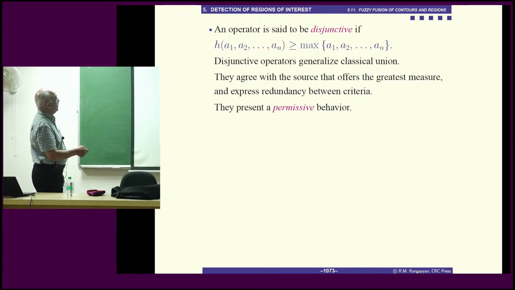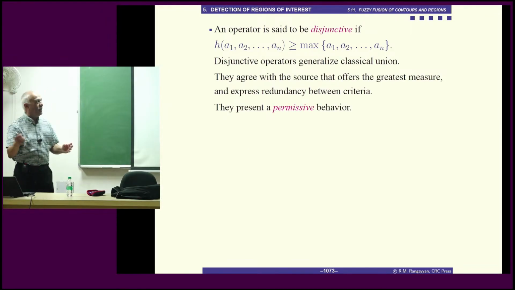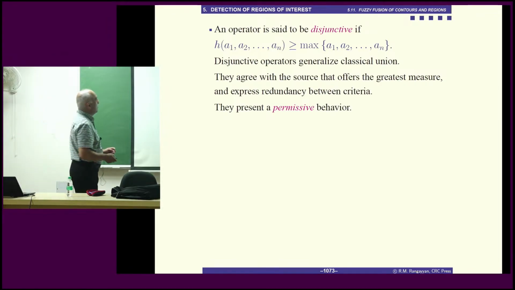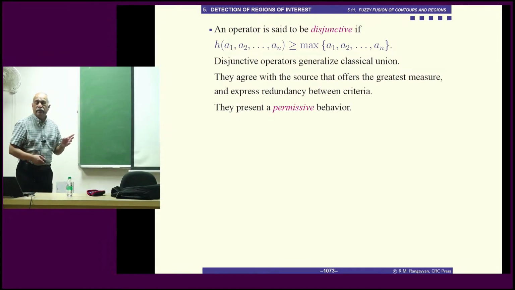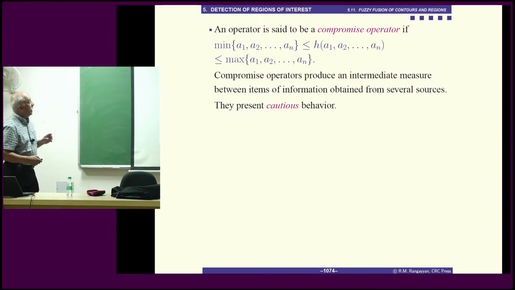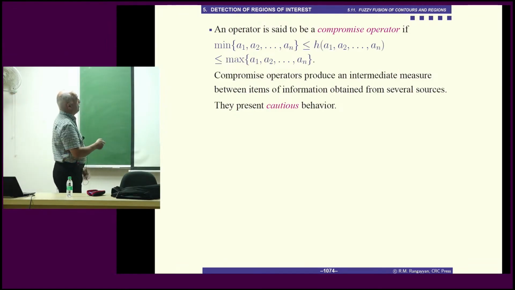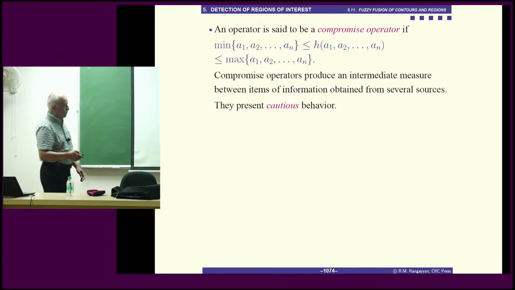Disjunctive takes greater than or equal to the max of all of these. And it is permissive, it allows all of these opinions. And it agrees with the source that offers the greatest measure and redundancy between criteria. And a compromise operator is something in between. And it is cautious behavior.